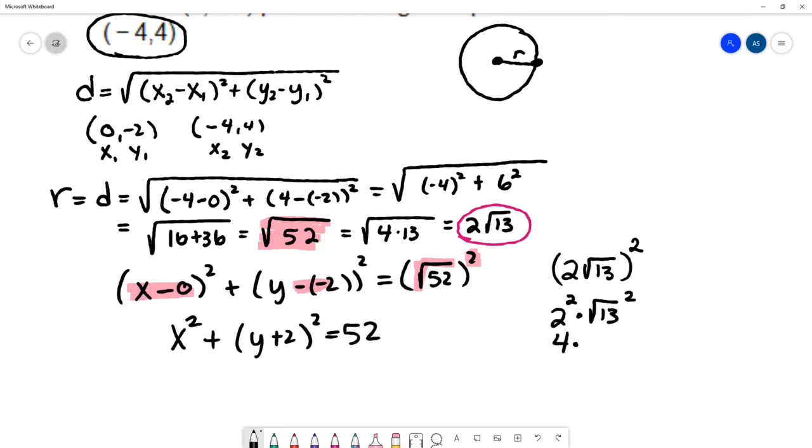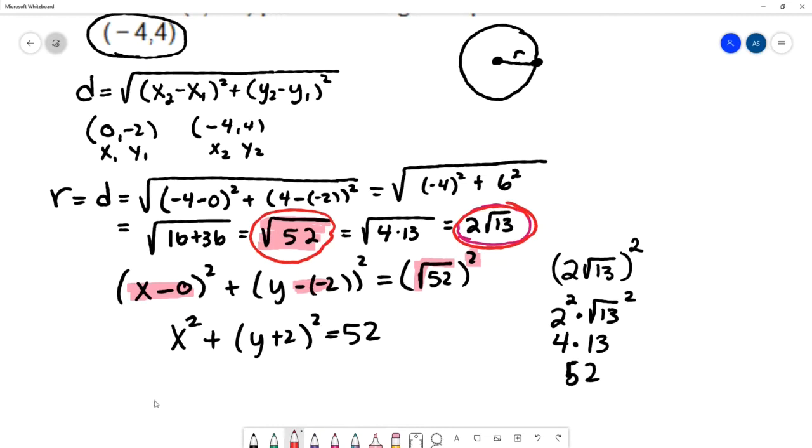The square root squared cancels out, and you get 4 times 13, which is 52. So you would get the same thing on the right-hand side, whether you used this format or the simplified format for your radius.